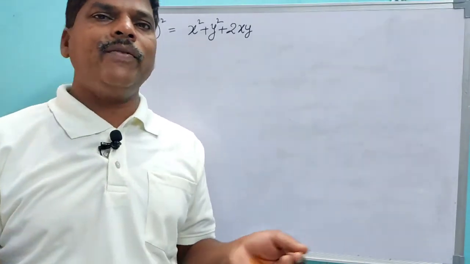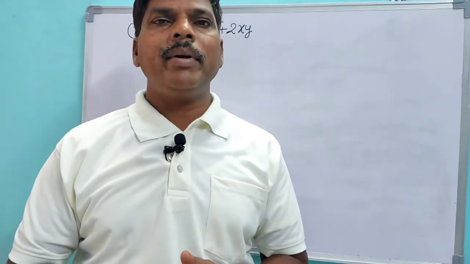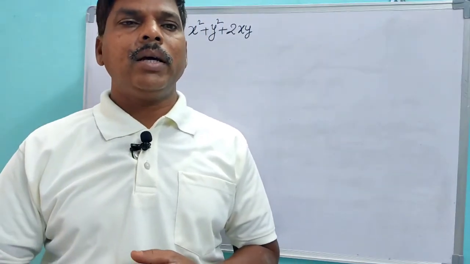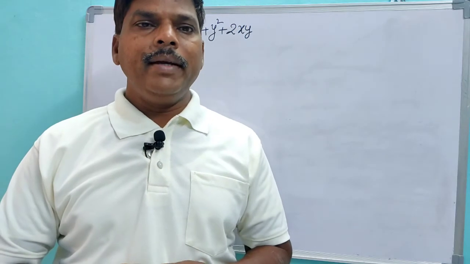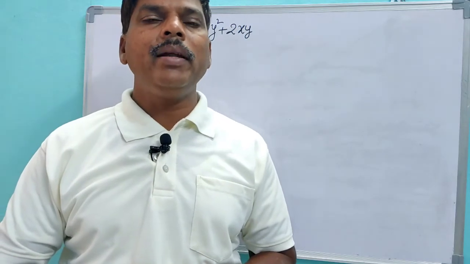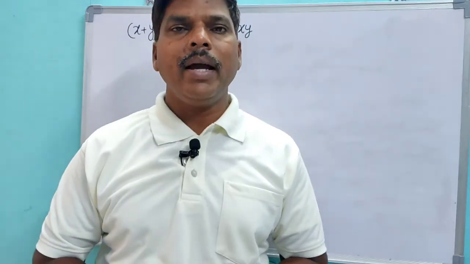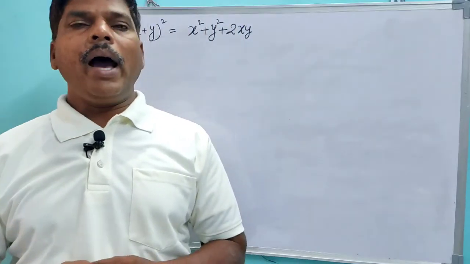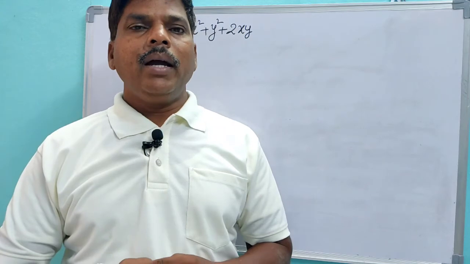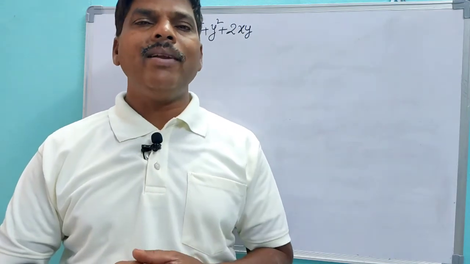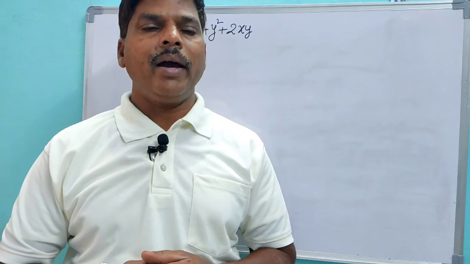Similarly, in the same way, we have trigonometric identities. What are trigonometric identities? It is an identity having trigonometric ratios of an angle, and it is true for all values of the angle.